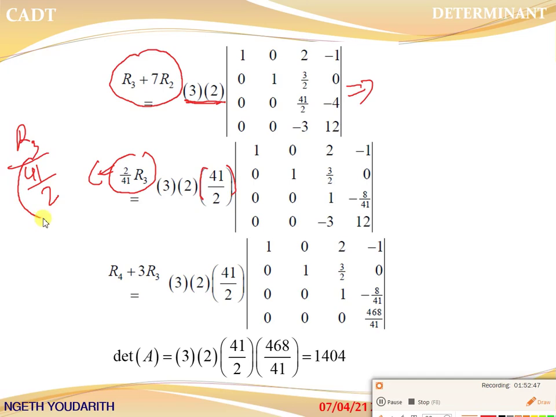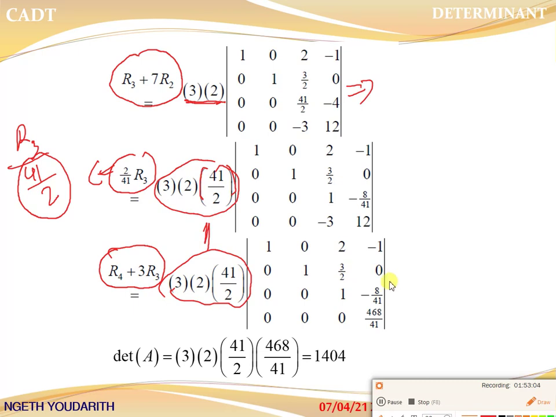So in this case we write 42 over 41 over 2. This one is plus, it is not changed. We just get the same. This result and this result is the same.